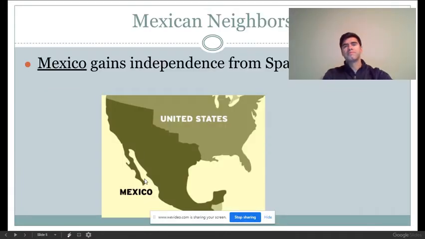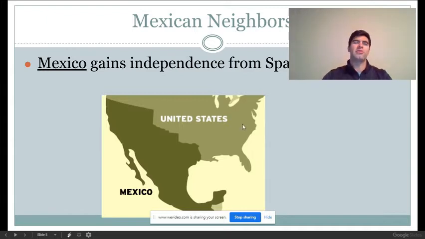So Mexico is going to gain its independence from Spain in 1821. And Mexico no longer wanted to be controlled by Spain. Spain no longer wanted to control lands in North America once the 1800s start.